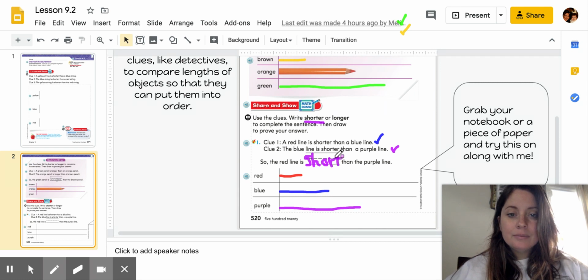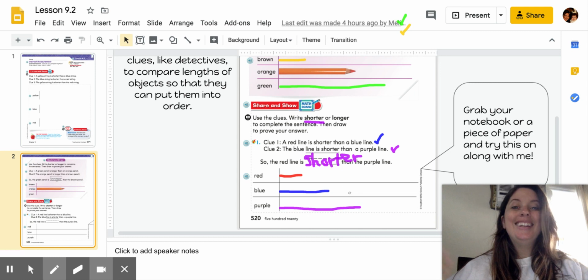Okay. So the red line is shorter than the purple line. Is that true? It is in fact true, and we followed the clues to figure that out. I can also see that the red, blue, and purple lines are all in order from shortest to longest.